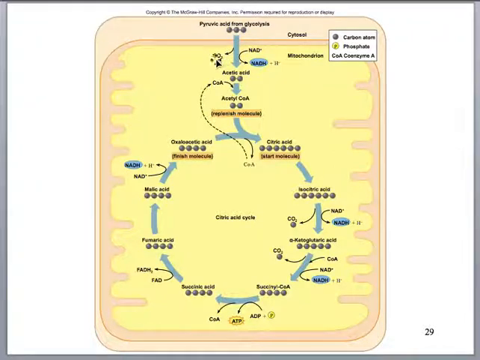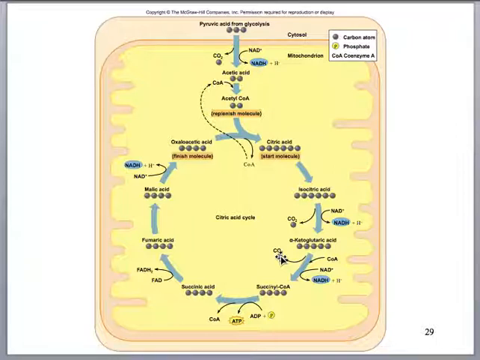We split off 1 here through carbon dioxide. We split off a second one here, generating another carbon dioxide, and we split off the 3rd one here, generating another carbon dioxide. So we use up all of the carbons from the glucose that we originally started with in glycolysis.